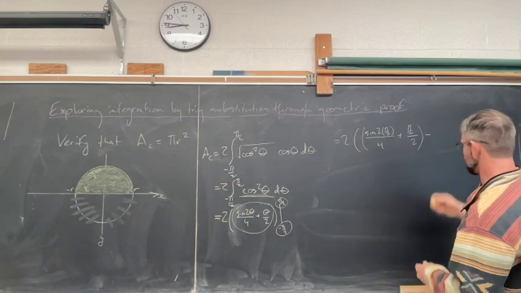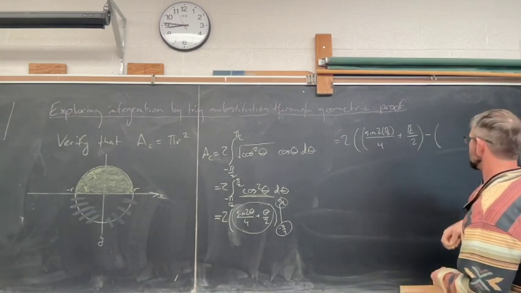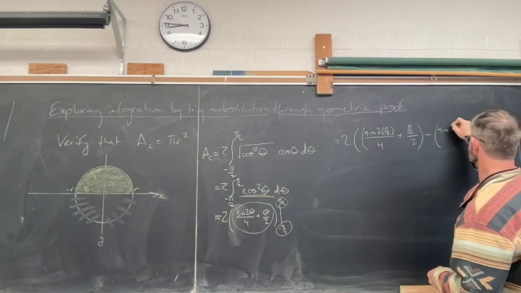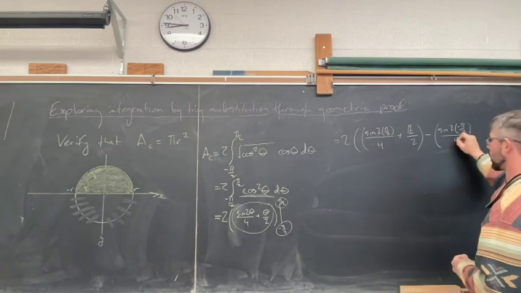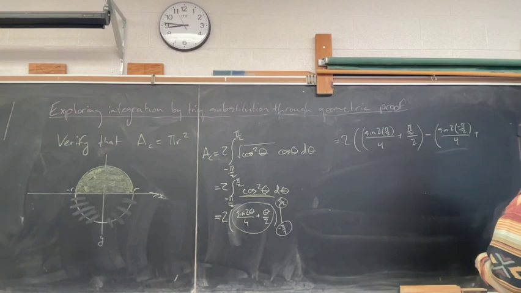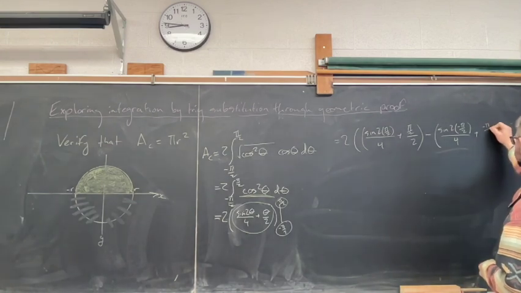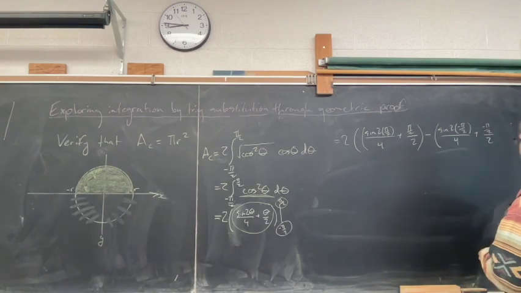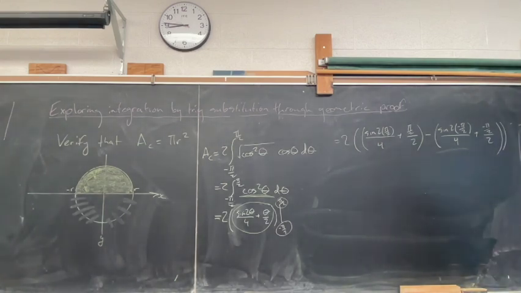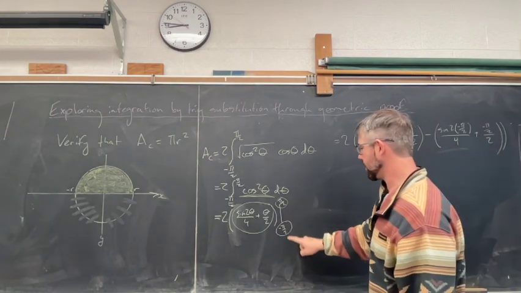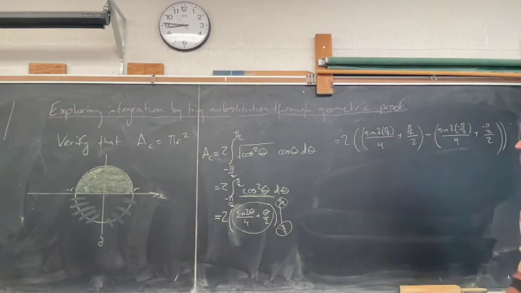So it's minus sine of 2 times negative pi by 2 over 4 plus negative pi by 2 over 2. And so I've gone through with both my boundaries and remembering to subtract in between.